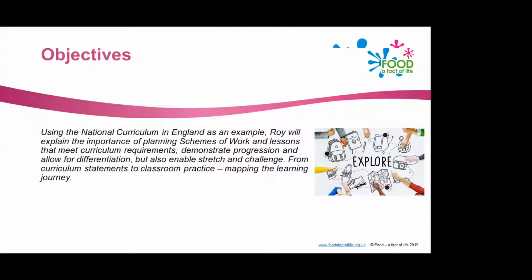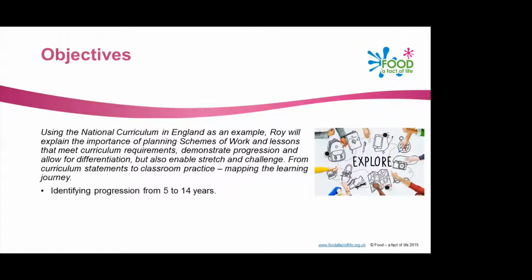So really this evening, the objectives which were listed on the Eventbrite page when you booked was that we're going to use the national curriculum in England as an example, because I appreciate some of you may be from Wales, Scotland and Northern Ireland, just to look at the importance of, when we're planning schemes of work, progression, differentiation, stretch and challenge, but really looking at that learning journey going throughout.